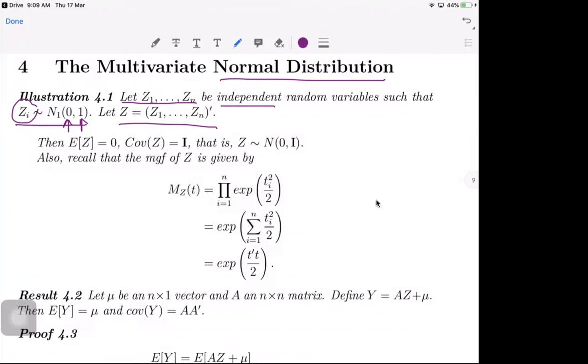Since it is standard normal, then the expectation of z will be equal to 0.